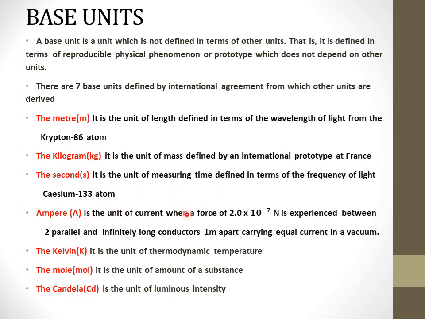The ampere is the current produced when a force of 2.0 times 10 to the power minus 7 Newton is experienced between two parallel and infinitely long conductors which are 1 meter apart carrying equal current in a vacuum.